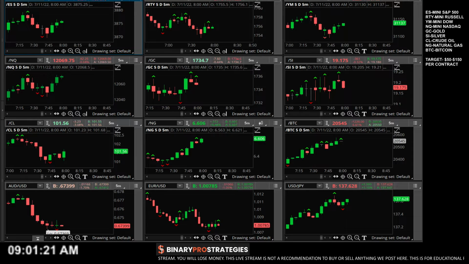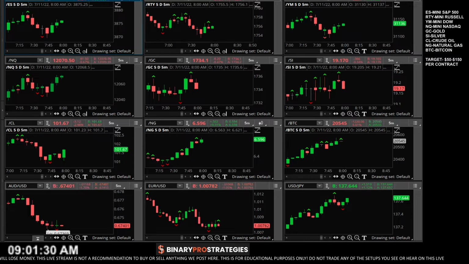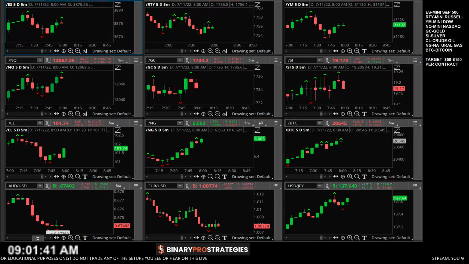And on the currencies, we're going to be trading one of the 5 different patterns that we teach in the core package. These are what we call behavioral patterns. They are not something that is publicly available, and we'll be using that with the Aussie US, Euro US, and the US yen whenever we get a setup there.